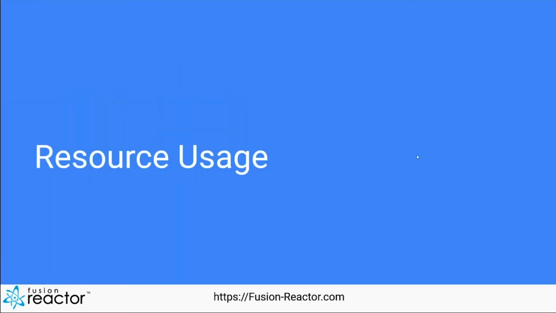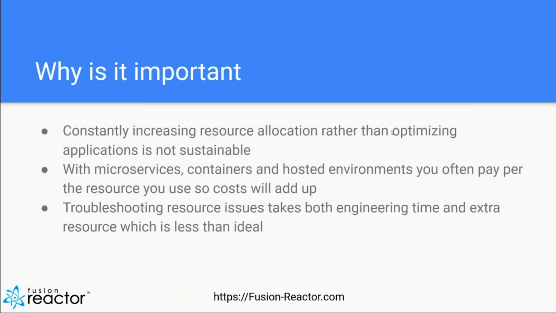So my third point is about resource usage. And this is important, I think, especially in more modern applications. When you have your own physical hardware, it can be easy to fall into a trap of if you're running low on resources for whatever reason, you can actually just add more resource. So you might be able to add more CPU, add more memory, and just expand these machines.